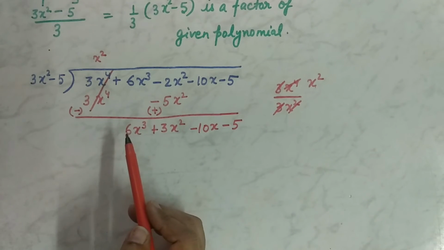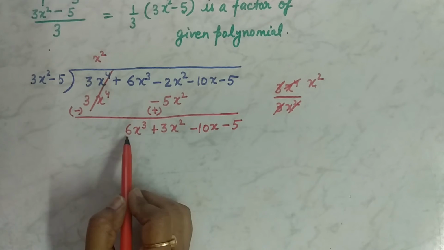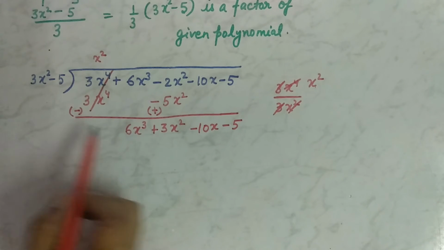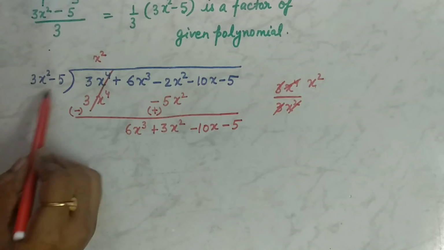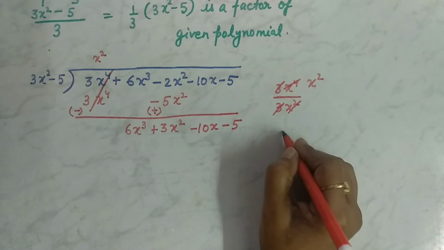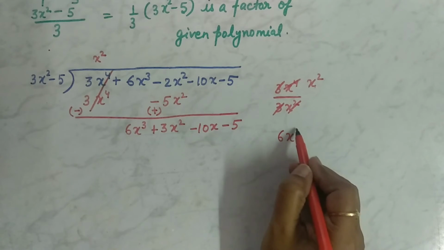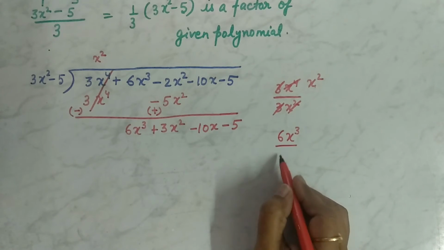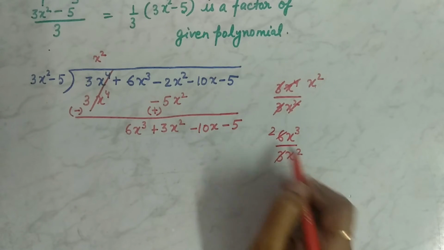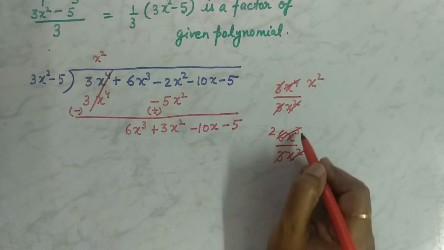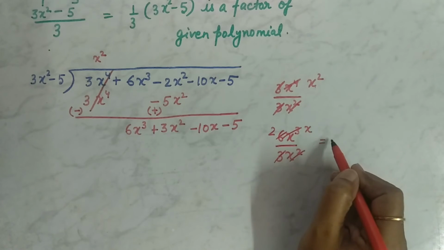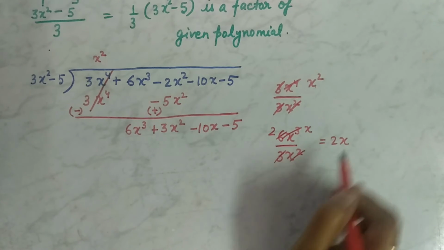Okay. This is our new dividend. So I divide the first term of this dividend by the first term of the divisor. So when I divide 6x cube by 3x square, 3 divides 6, so I get 2, and x square divides x cube, so I get x. So all in all I get 2x.